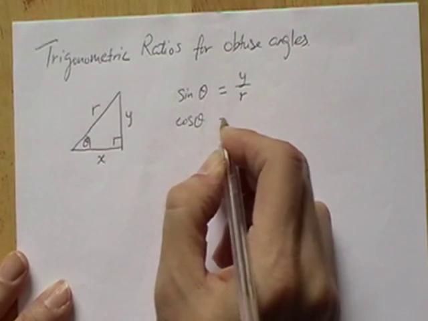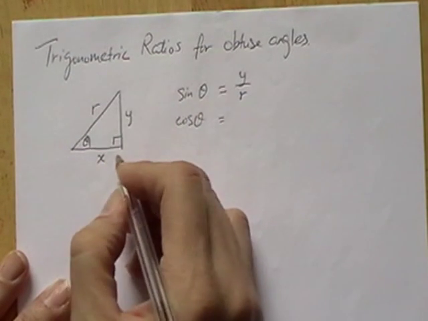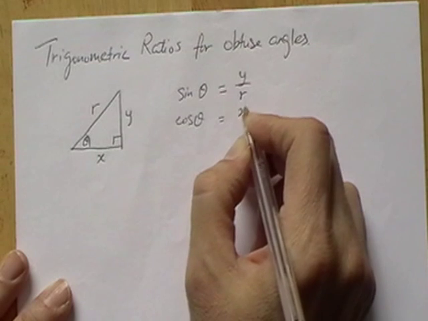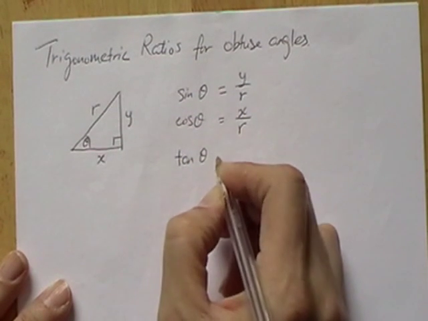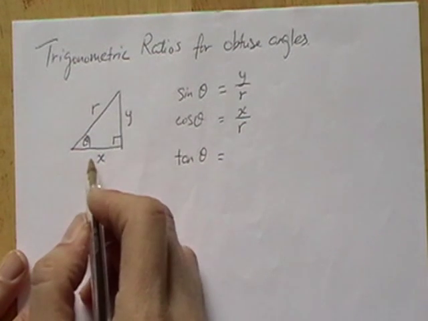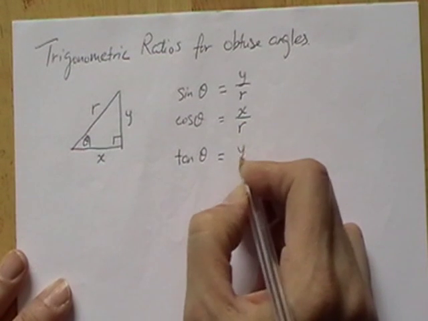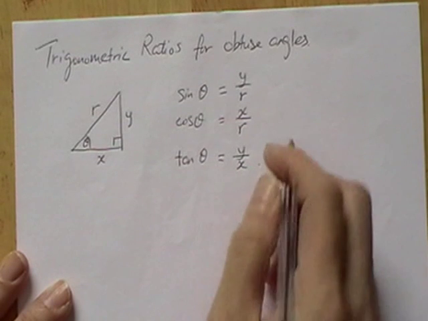Cosine of the angle is the adjacent over hypotenuse, and tangent of the angle is opposite over adjacent.